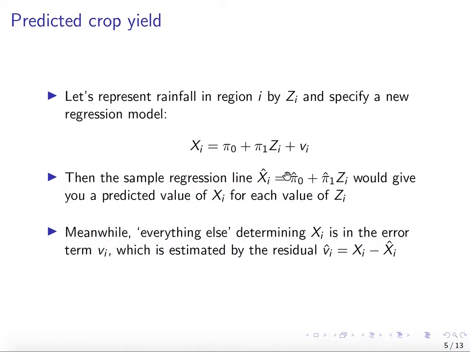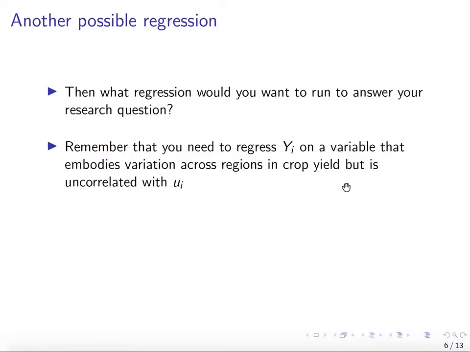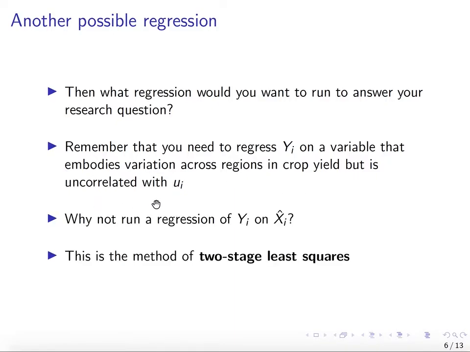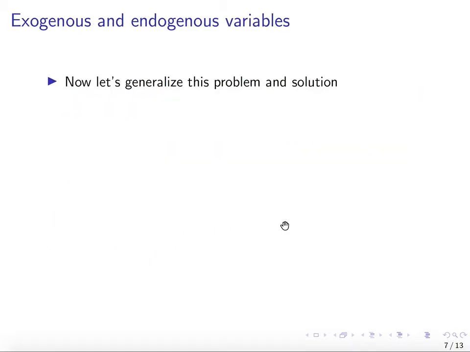We're going to have a variable xi hat, which differs across regions i only through rainfall, which is really what we said we wanted in order to be uncorrelated with ui. Again, this method is called two-stage least squares because once you get this xi hat, you can then regress yi on xi hat.